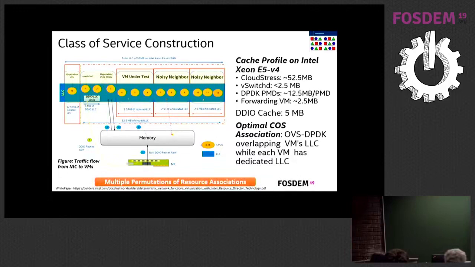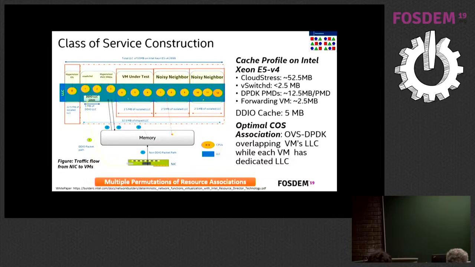The platform that we use is called Broadwell generation, which is Intel Xeon E5 V4. Our PMD is about 12.5 MB per PMD, and the forwarding VM is about 2.5 MB. So under plain conditions, you get your cache profile, and now it allows you to understand the amount of cache that you need for your workload.